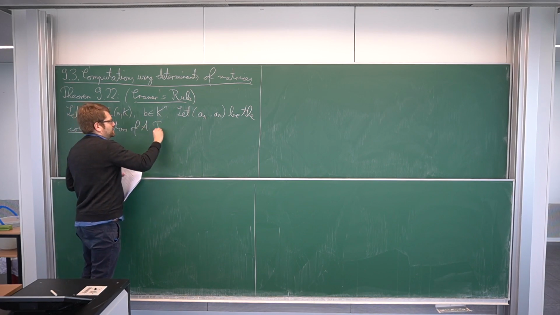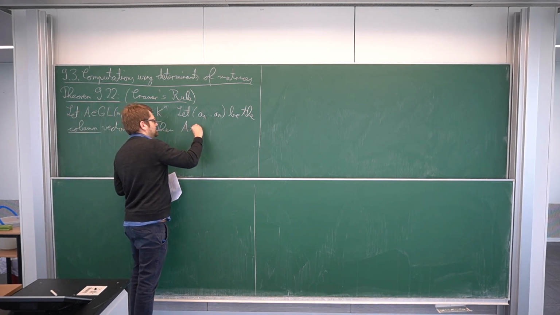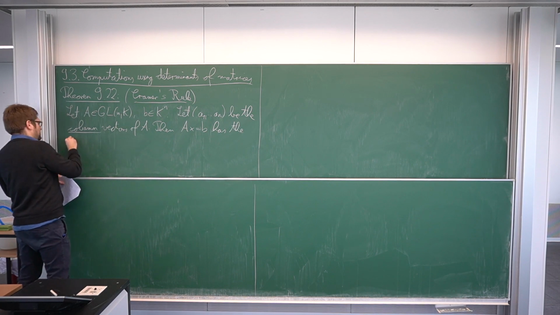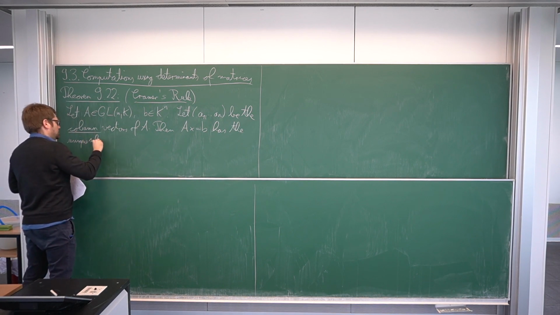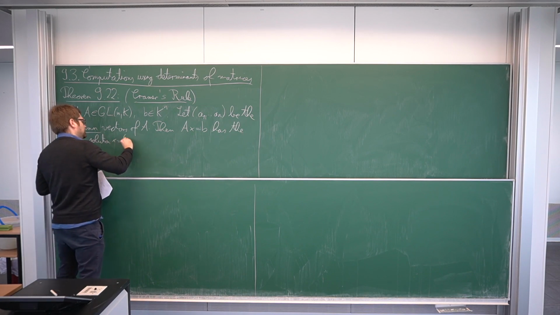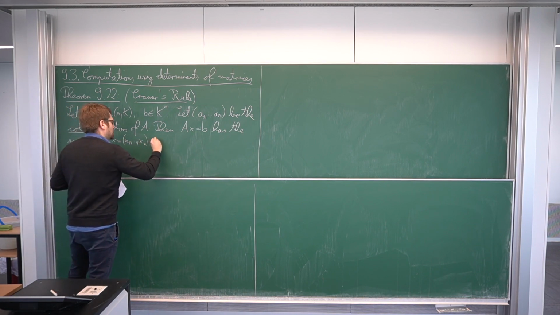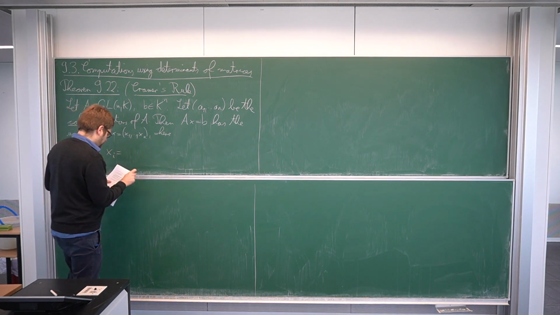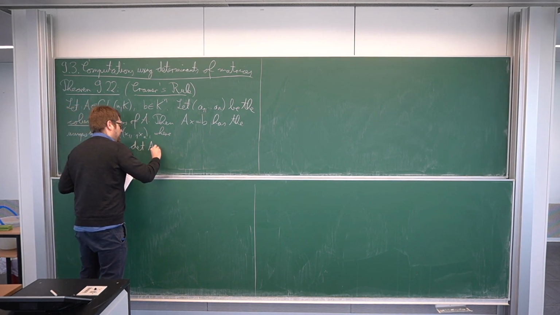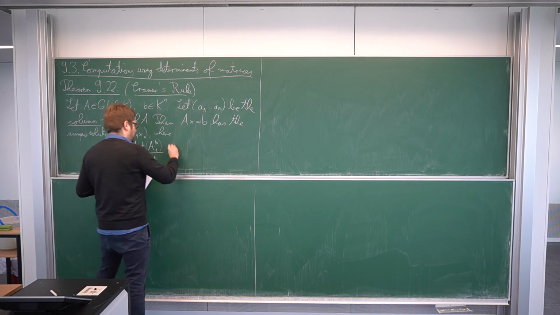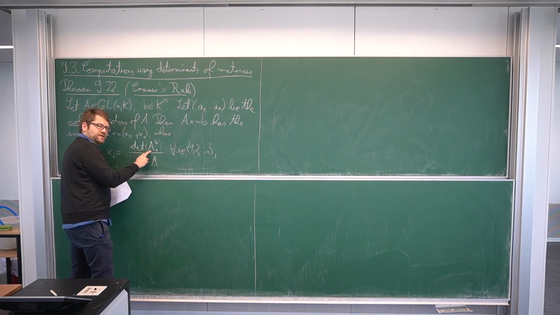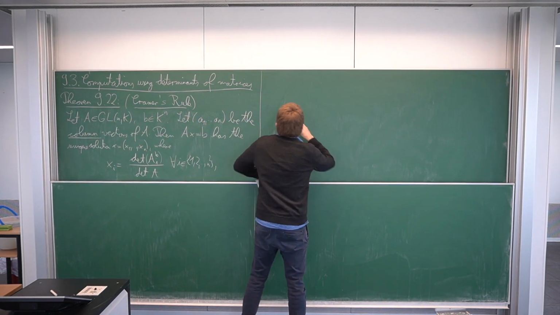Then the system of linear equations Ax = b has the unique solution x in coordinates x_1 to x_n, where x_i is for every i given by det(A_i^b), I will show you in a second what it is, divided by det A for all i in 1 to n. And now we just have a new matrix here, this matrix A_i^b.